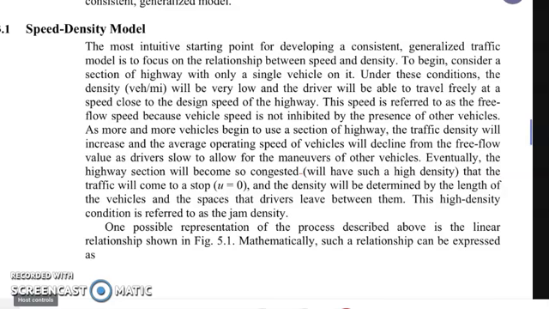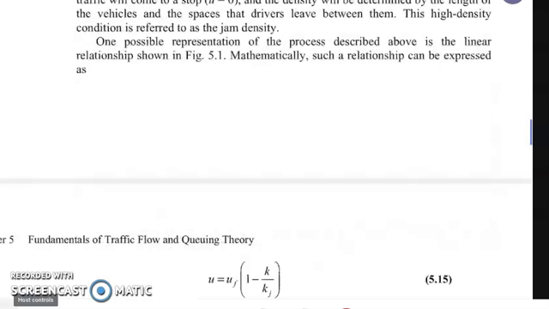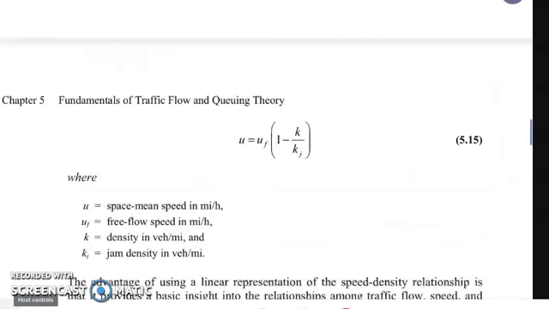One possible representation of the process described is a linear relationship. Such a relationship can be expressed by this equation, wherein space mean speed is equal to free flow speed multiplied by 1 minus density over jam density.